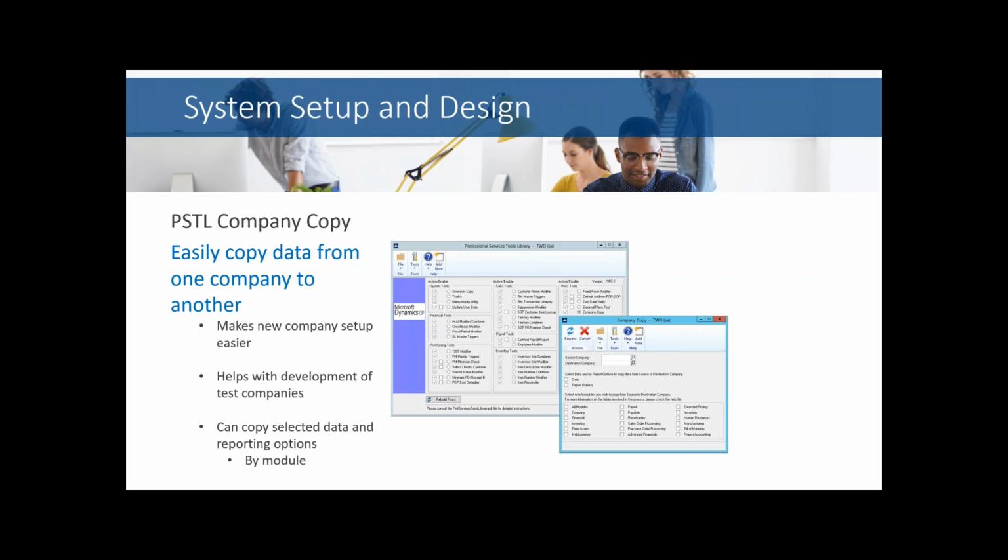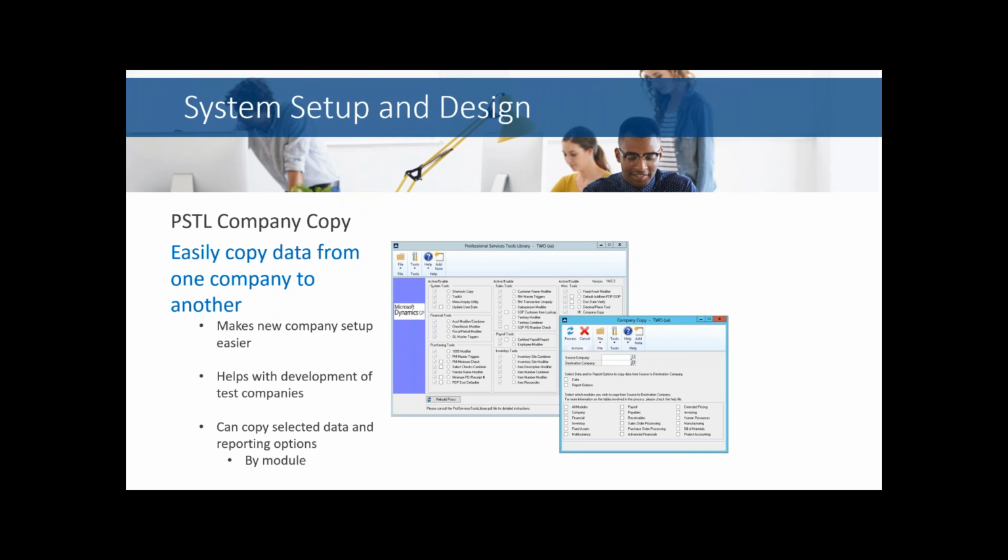Because of that, you have to do some work to get that database set up, and Microsoft and the Great Plains team has supplied us with a tool called the Professional Service Tools Library, which is a number of utilities that are available. One of those utilities is what's called Company Copy. It allows you to copy data from one company to another, so it makes the new company setup easier. It helps with the development of test companies.